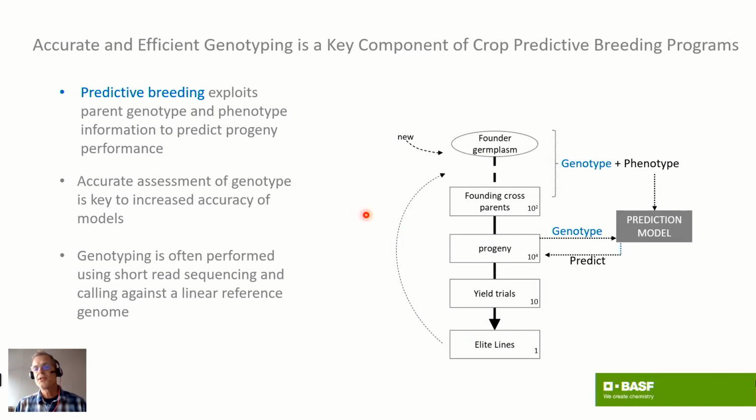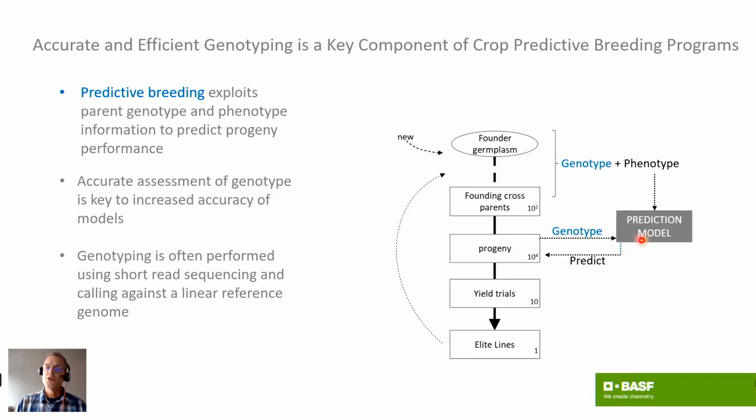Predictive breeding is based on a prediction model made of genotype data and phenotype data from our founders and our parents: high-density genotype data and multi-season field data that can be integrated into a prediction model, whereby you can genotype progeny, plug them into the prediction model, and get an estimate of the performance, in contrast to trialing those lines in the field, or in addition.